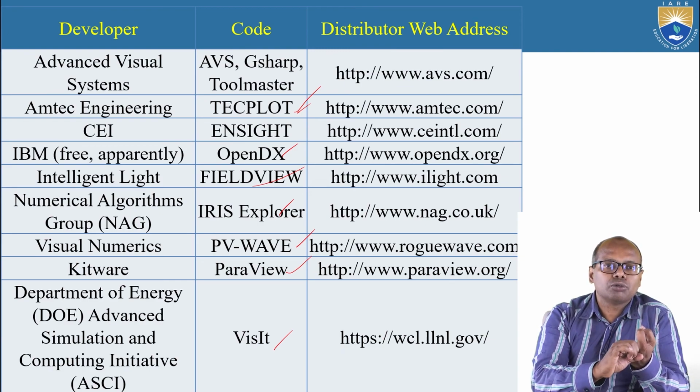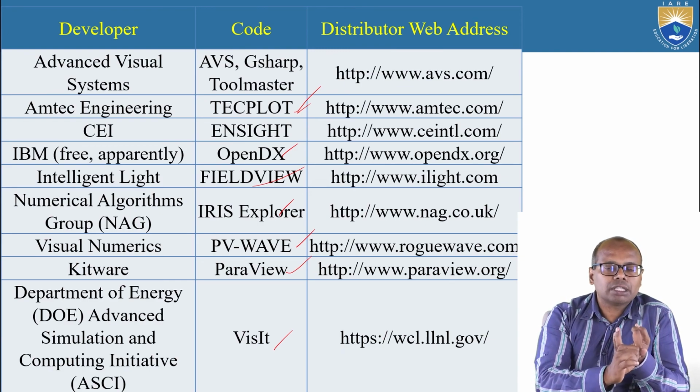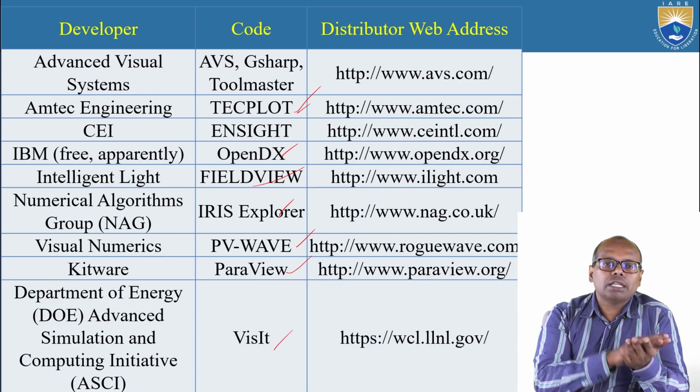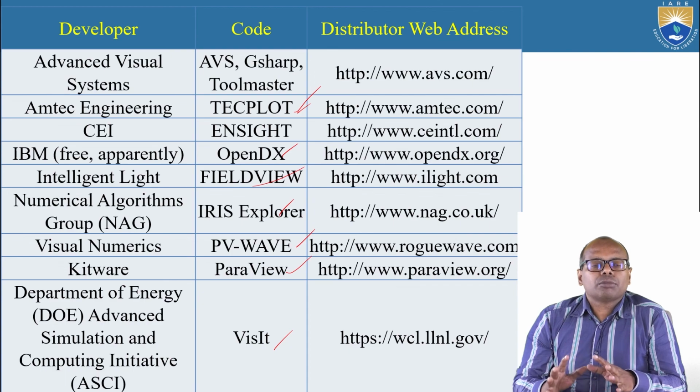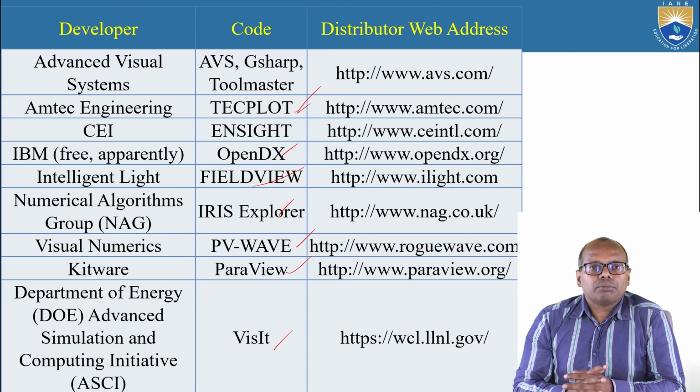All those things I have to give, solve, and see whether the solution is converged, and then give the results in the form of plots or data. So this is the basic outline of the CFD process that generally happens.